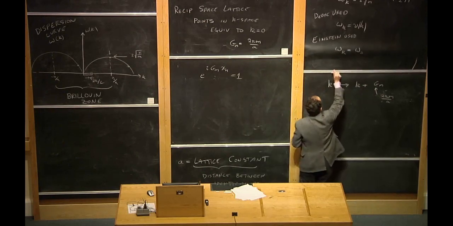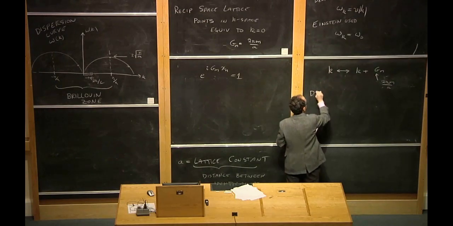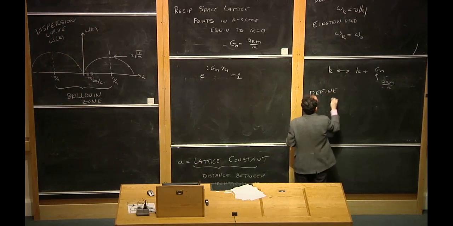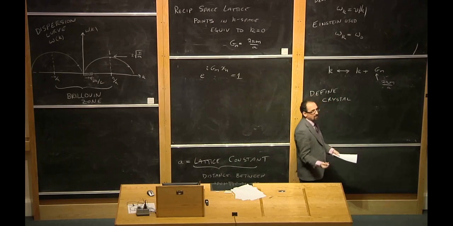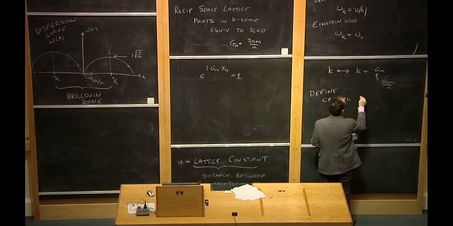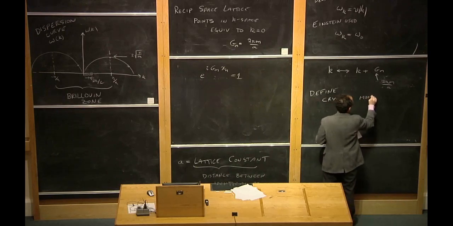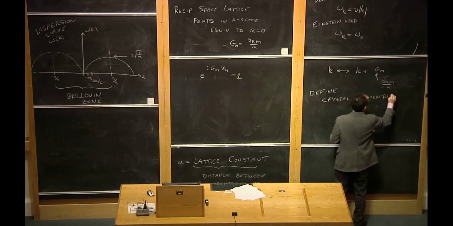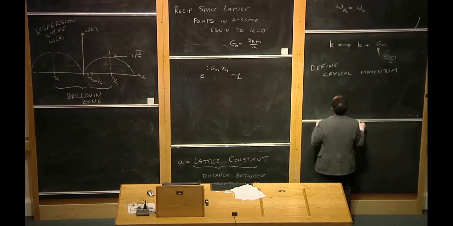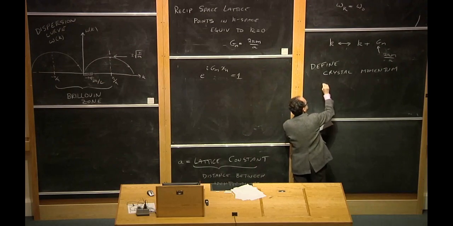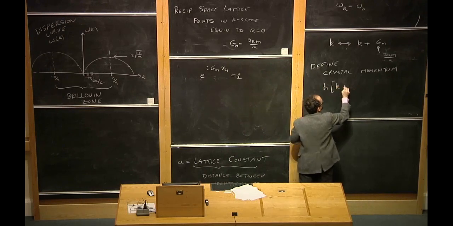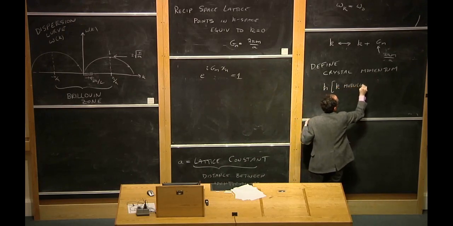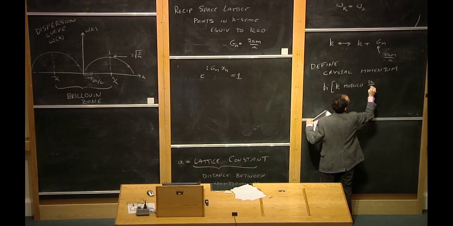So what one does is define what is known as crystal momentum. Well, if it's k, it's the usual wave vector. If it's h bar k, it's momentum. Crystal momentum, I'll put in the h bars, is defined as h bar k modulo 2 pi over a.